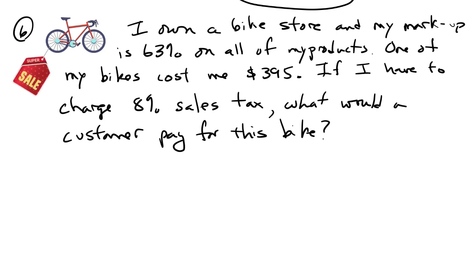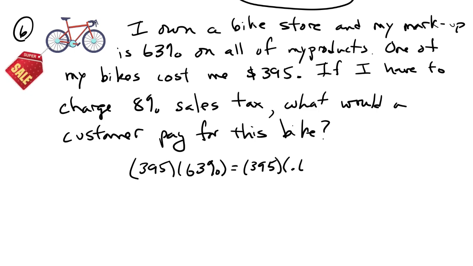I want to know, what is it going to cost for a customer to come in and get that bike? So the first thing I need to determine is, what is the amount of the markup? So we have to take the cost of the bike, multiply it by the markup rate. So $395 times 0.63. 63% as a decimal is 0.63.